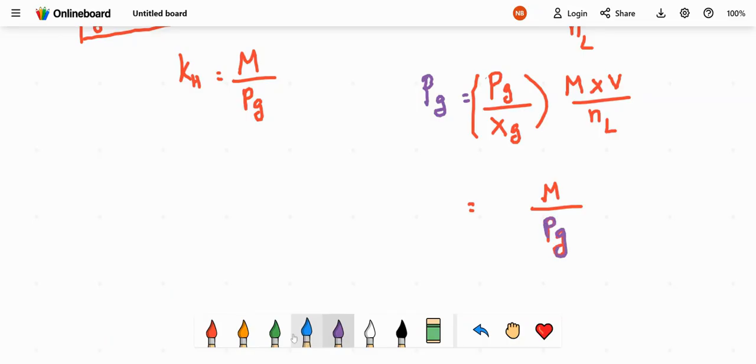And then Xg will be taken here, and then M by Pg I have taken this side. Already one partial pressure of the gas is there, and then volume of the solution and the number of moles of the liquid. Everything is given here.